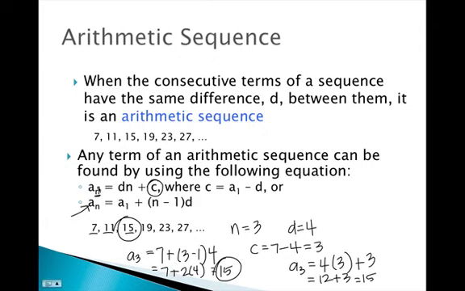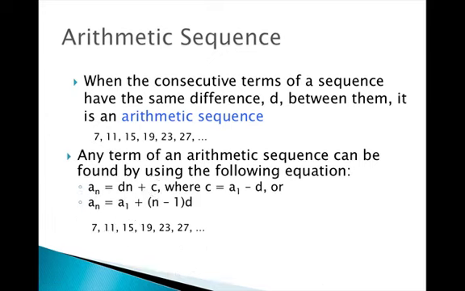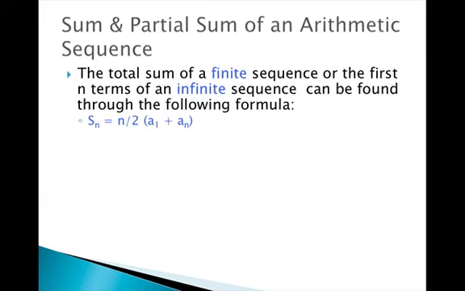You're going to want to use these formulas in your homework to solve for whatever term they ask for. All right, moving on. We can also find the sum of an arithmetic sequence, whether it's finite or infinite. The sum of the sequence can be found for a finite sequence.